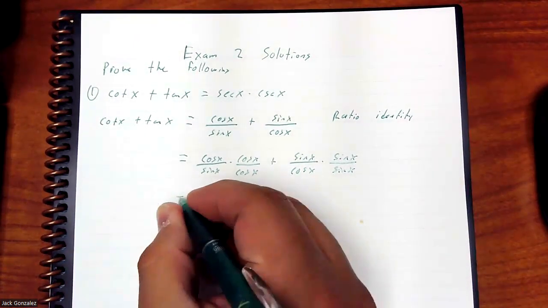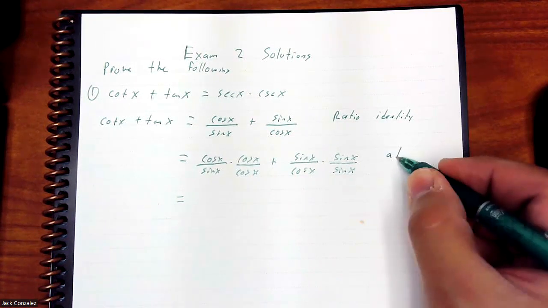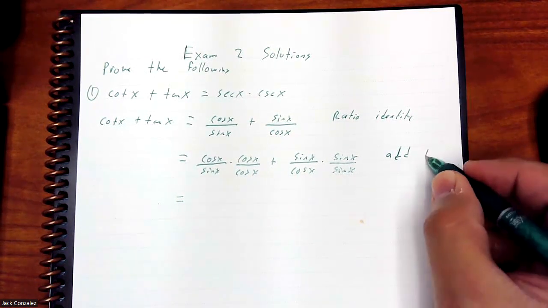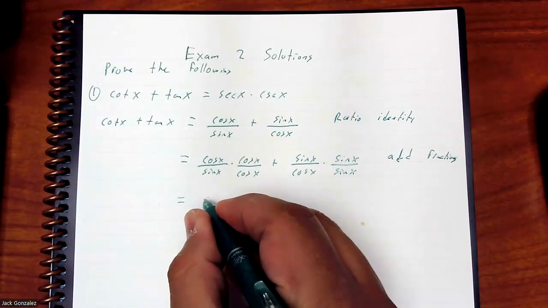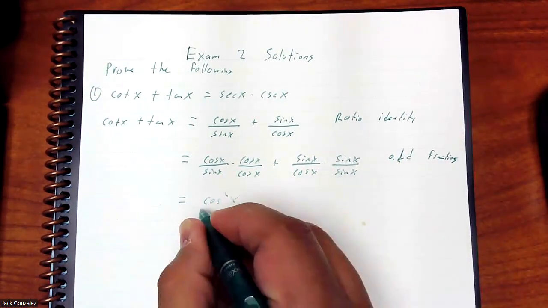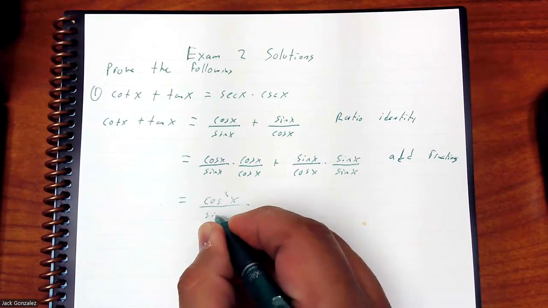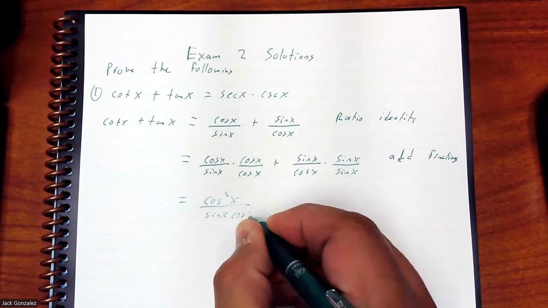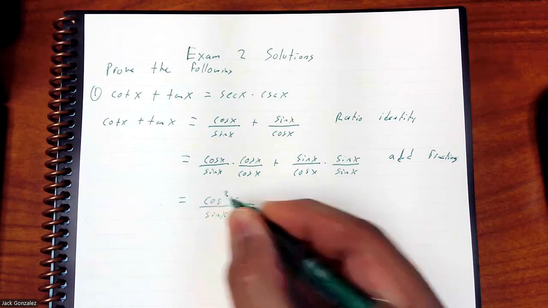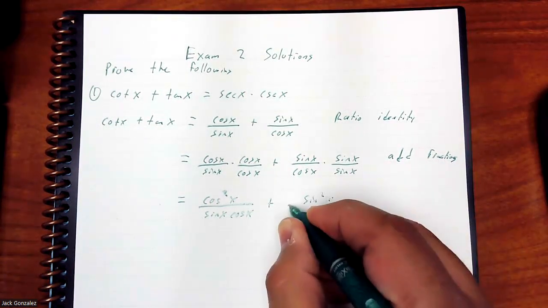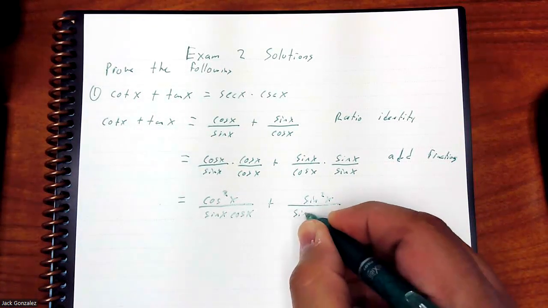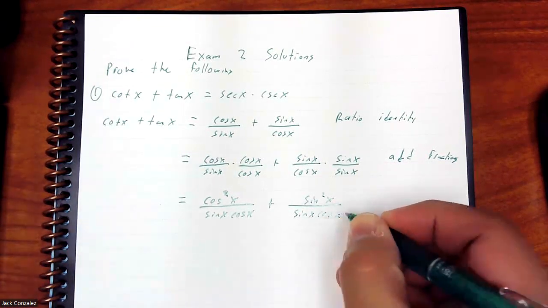So we will get, all we do is add fractions. This becomes cosine squared over sine cosine plus sine squared over the same thing, sine cosine.